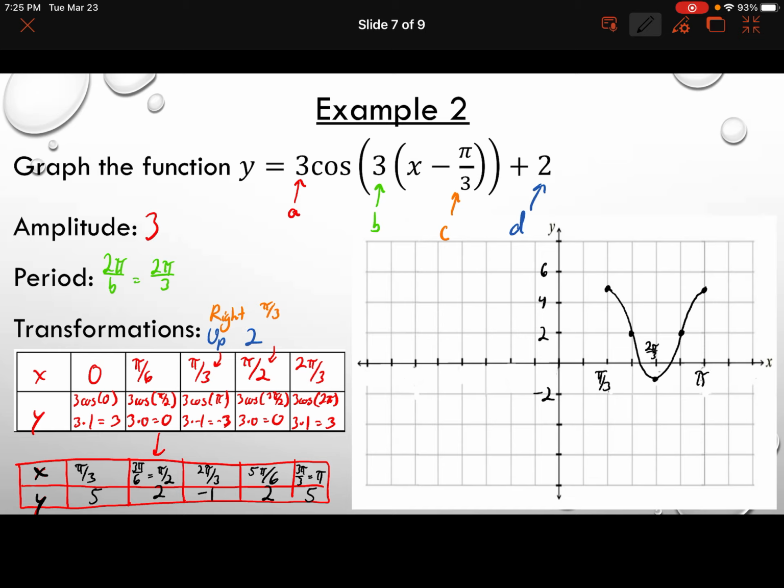And then if we wanted to, we could continue on. The curve has to keep going up and down, so the next one would be here, and then it would go down here. The next one would be here, and then there, and then the next one here, and then you can just keep on going with this.